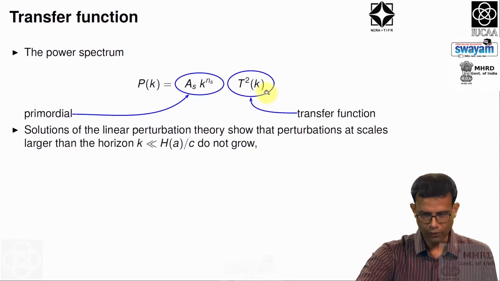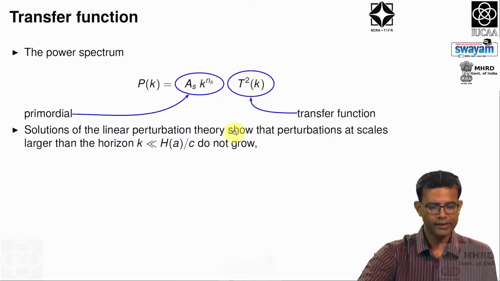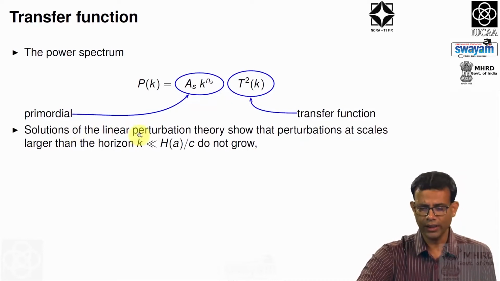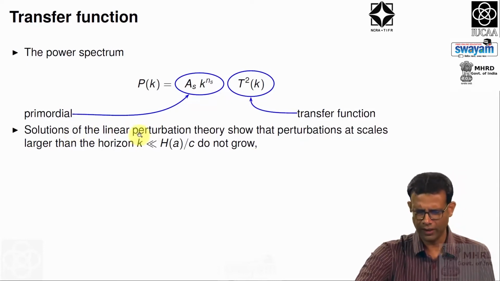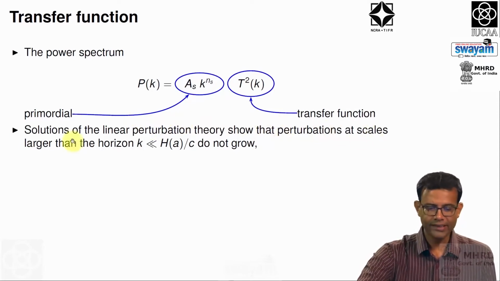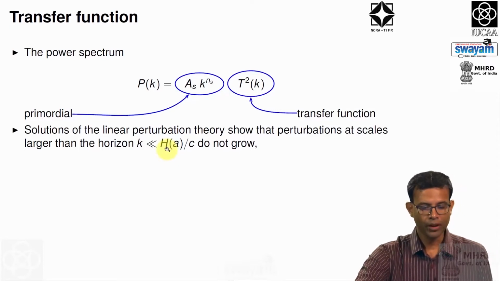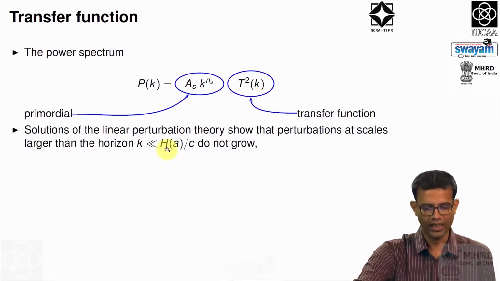Now, why does this transfer function arise? This arises because the solutions of linear perturbation theory, which we alluded to a little bit in the previous lecture, but we did not go into the details, and we are not going to go into the details even in this lecture, tell us that the perturbations at scales larger than the horizon, which means k much smaller than the inverse of horizon size, do not grow, they just freeze to whatever their values are.